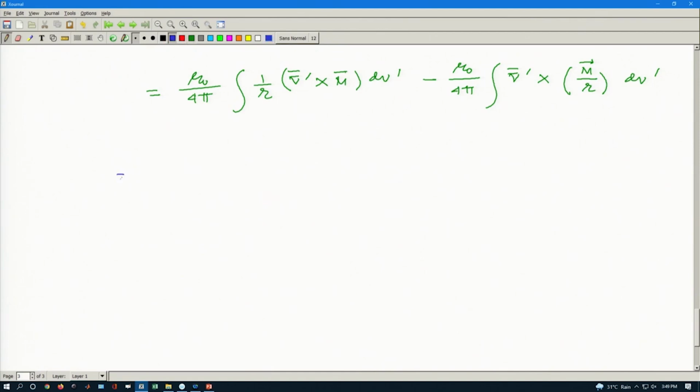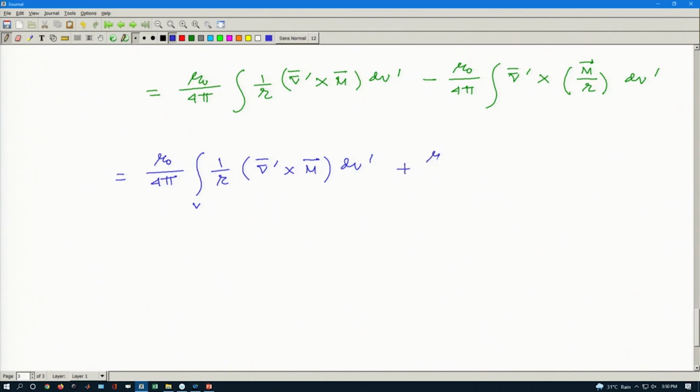Next I will write mu 0 by 4 pi, and then this is the volume integral of 1 by r, curl cross m, dv prime, the same term, but here I am going to use a vector identity.